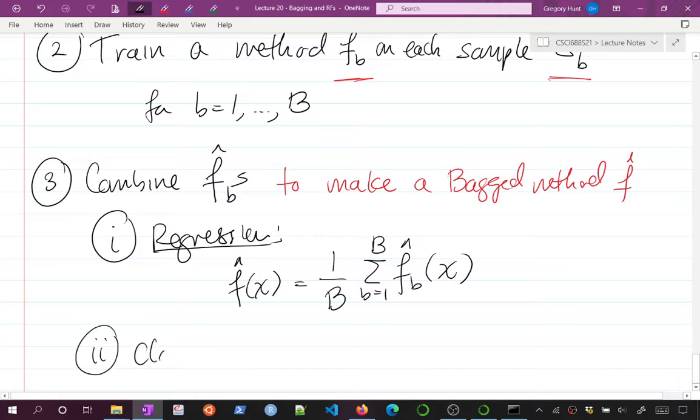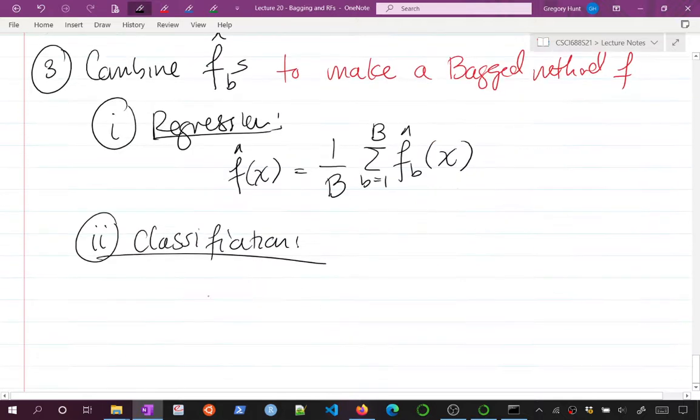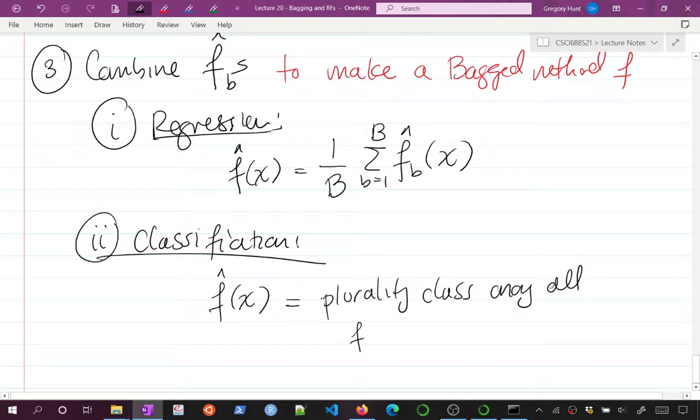For a classification context, I'm going to say the predicted class at x is going to be the plurality class among all of my subsample classifiers.